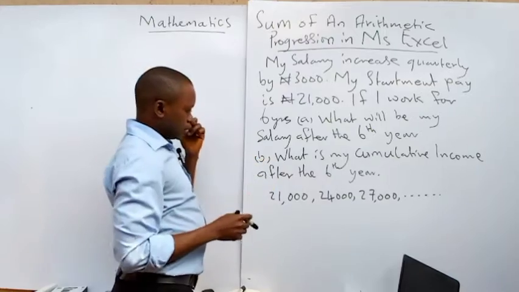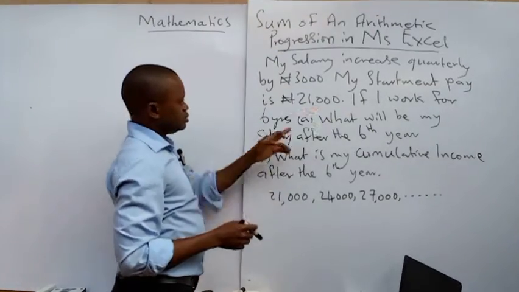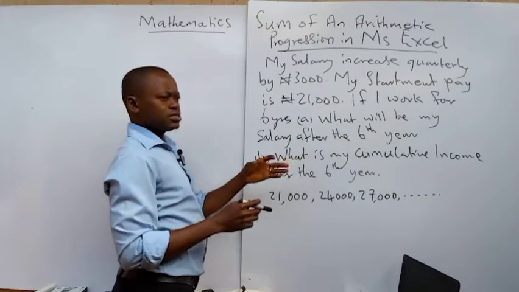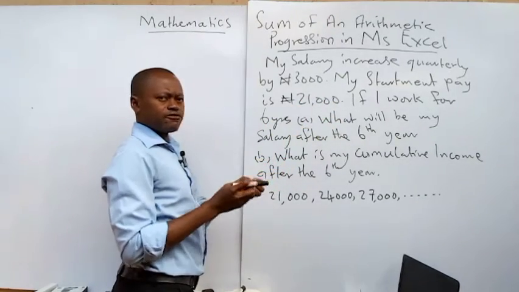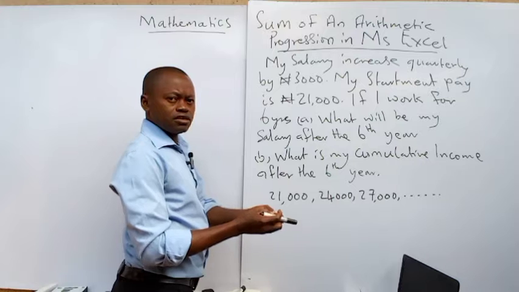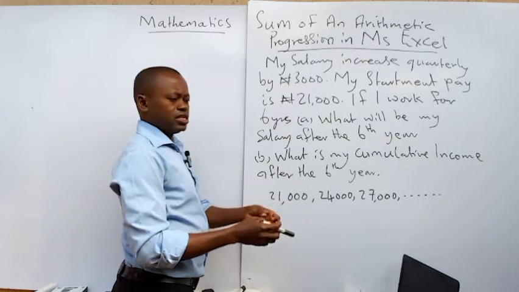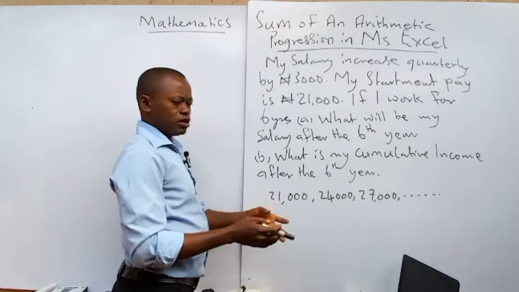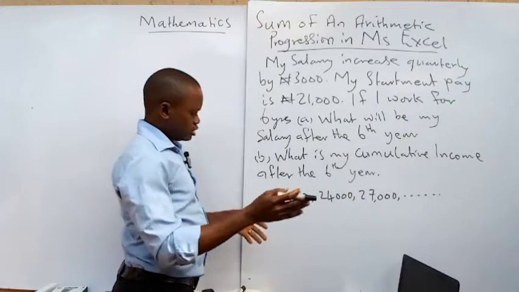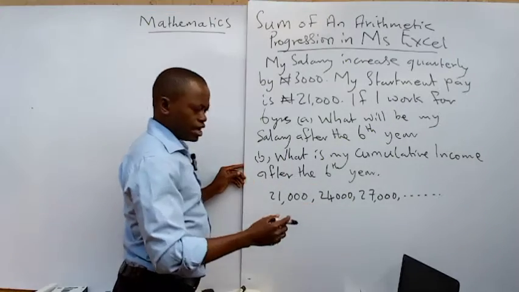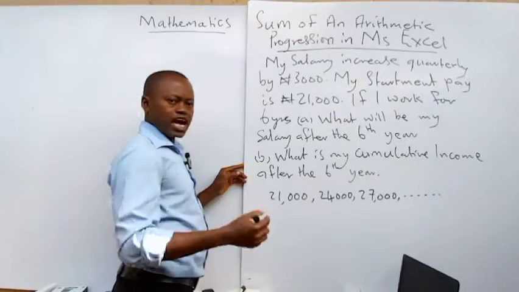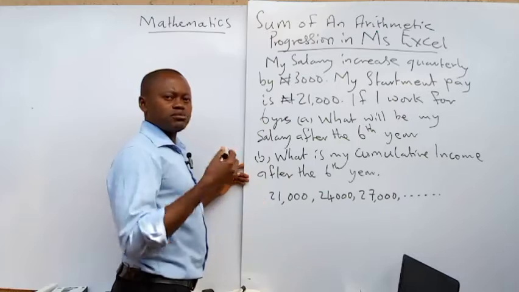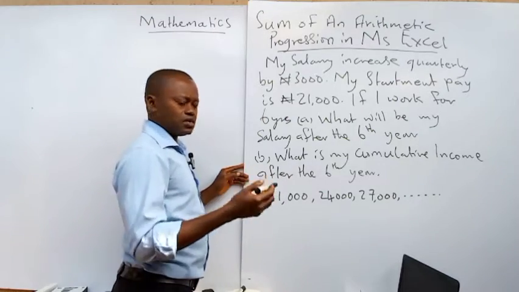And I told us that quarterly means every 3 months, and there are 4 3-months in a year. That is 12 divided by 4, that will be 3 months each. So 4 times in a year, the person's pay is increased.